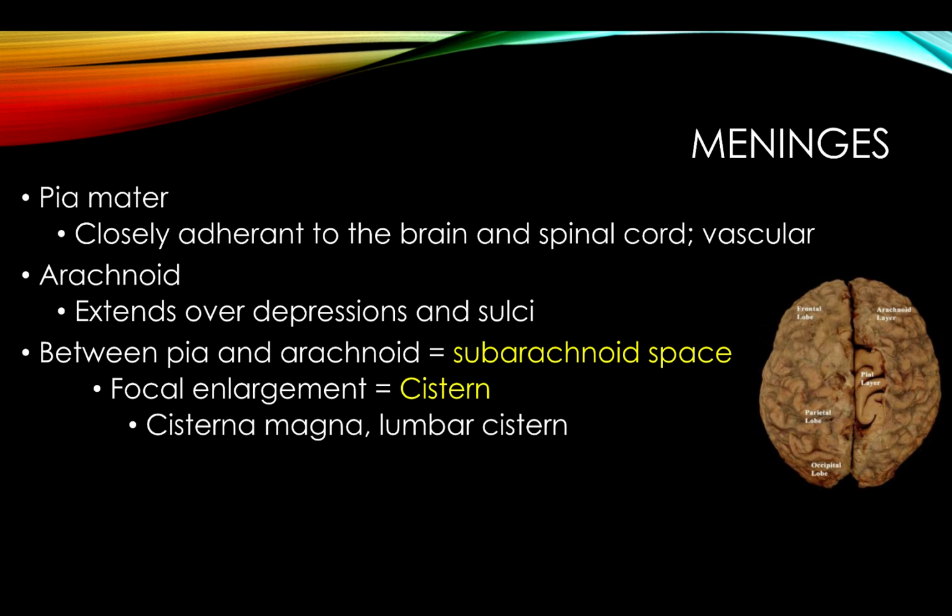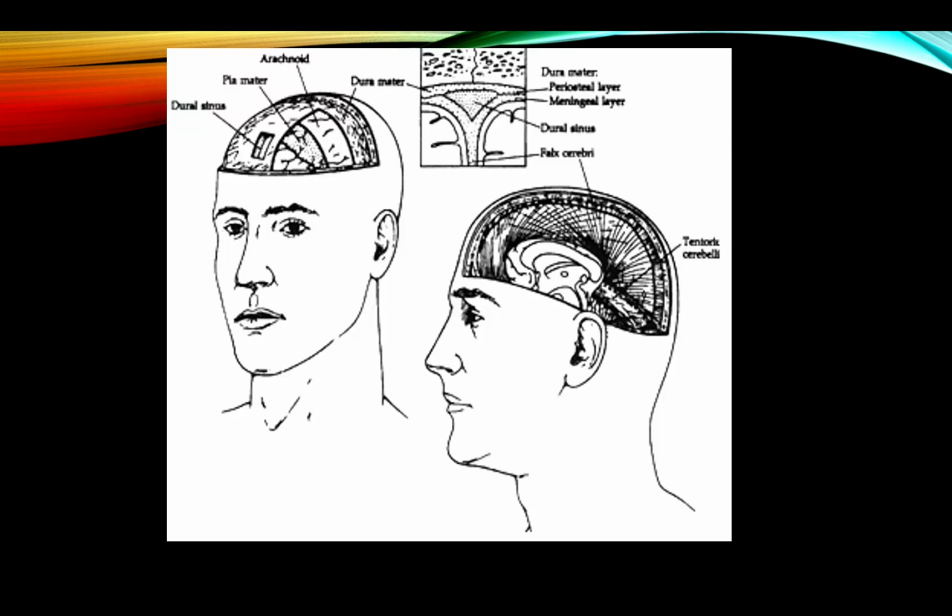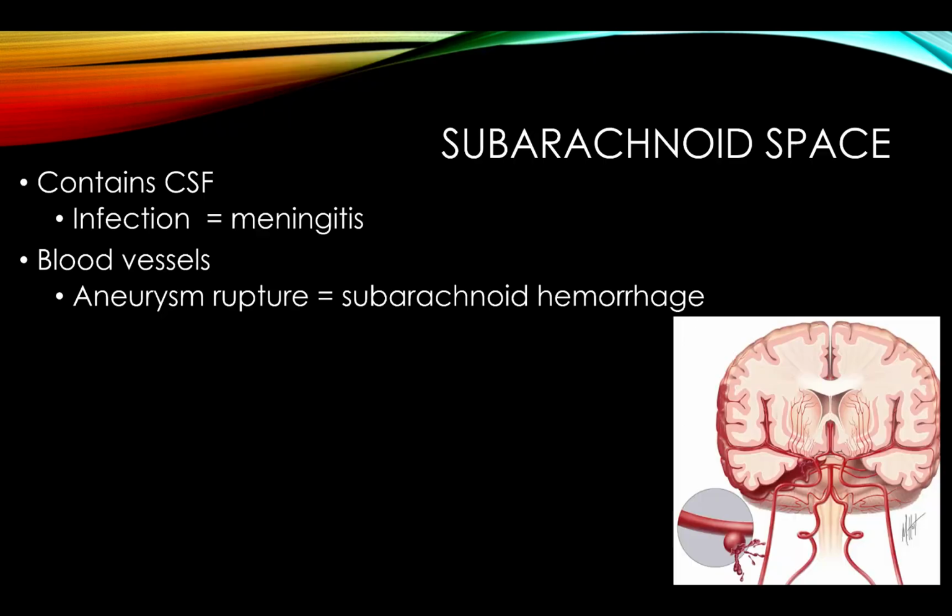One is the cisterna magna, which I'll show you in just a minute. And the lumbar cistern is a very large pocket of subarachnoid space that extends just below the base of the spinal cord. Right, so here's just a drawing so we can see we have the pia layer, the arachnoid, and then we will discuss the outer dural layer.